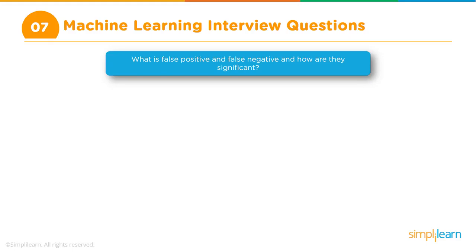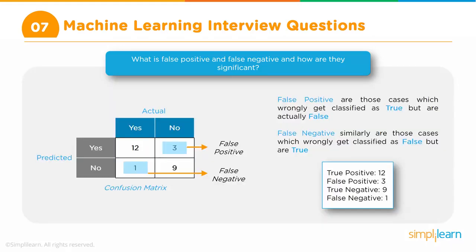So what is false positive and what is false negative? Now, once again, the best way to explain this is using a piece of paper and pen. Otherwise, it will be pretty difficult to explain this. So we use the same example of the confusion matrix, and we can explain that.